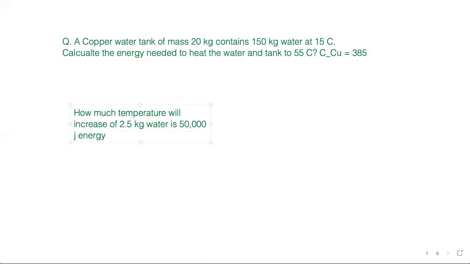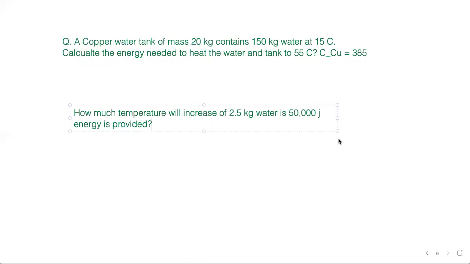I got 25 million and 508,000. Sorry, just one second. What did you say? I got 25 million and 508,000. Okay, 25 million. Here it is in the millions because, you see, this is a very big number. So 20 kilogram is copper and 150 kilogram is water.